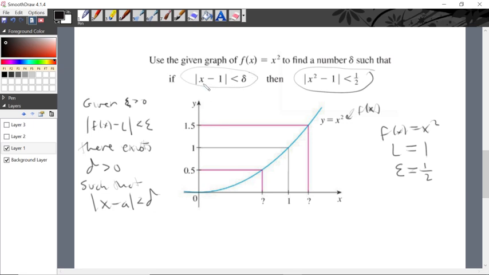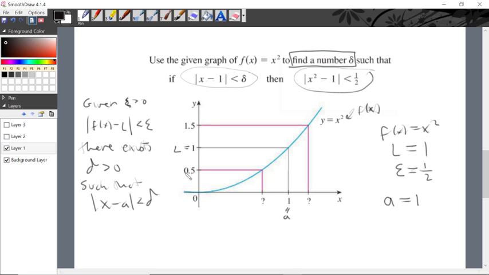What would be the value of, clearly x is x. What's the value of a? a is equal to 1. It happens to equal 1 also in this example, right? This is a right here. This is L right here. And what's the value of delta? That's what we're being asked to find. We want to find the value of delta.